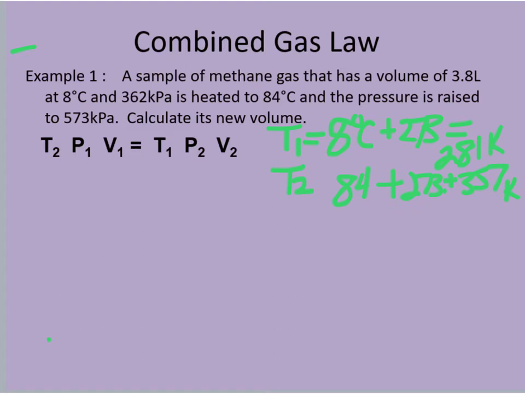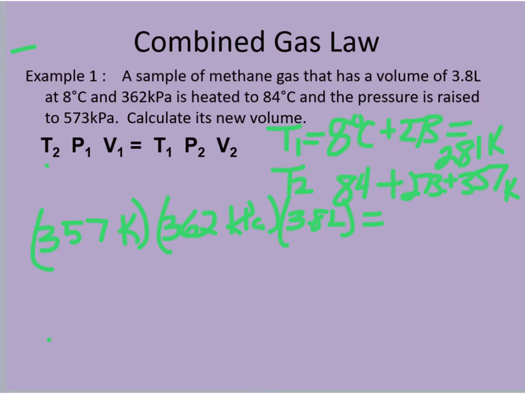We have the second temperature. Well, my second temperature is 357 Kelvin, I'm going to put that in. My initial pressure is 362 kilopascals. And then we have my initial volume, which is 3.8 liters.